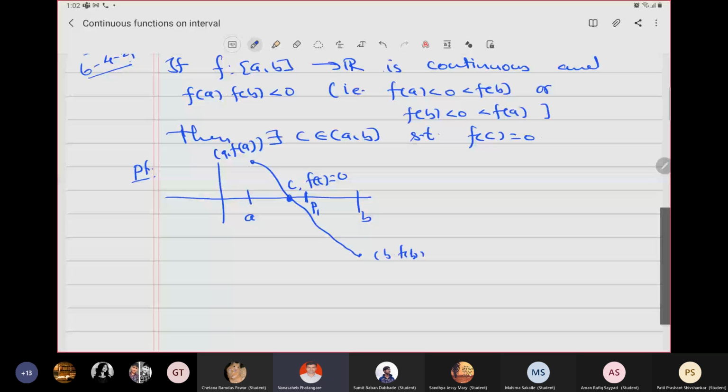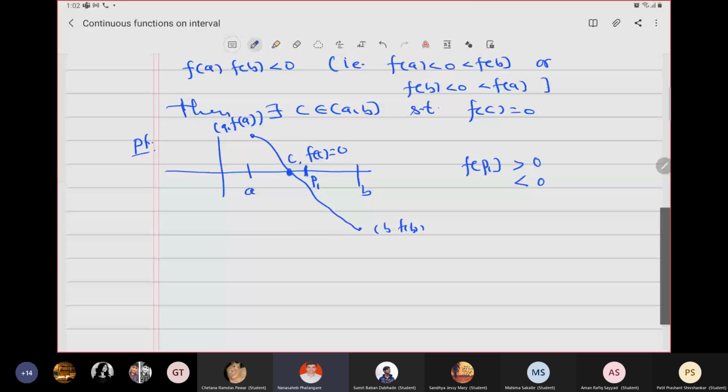Accordingly, you can choose your next interval I2. In this figure, f of P1 is negative, so the root lies between A and P1. Divide it into two equal parts. The midpoint is P2. Now which interval will we accept? P1, P2, because the root lies between P1 and P2. Then again divide into two equal parts.